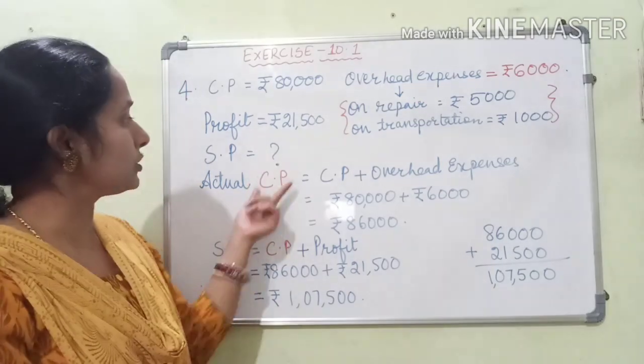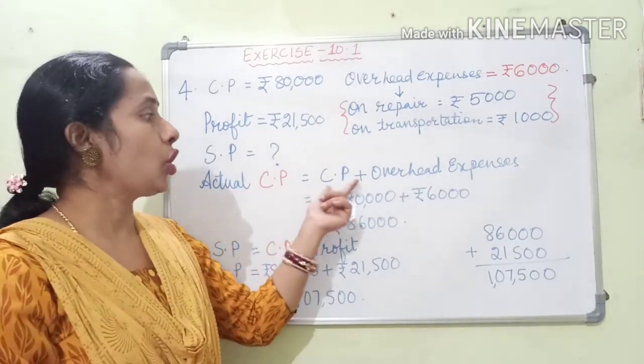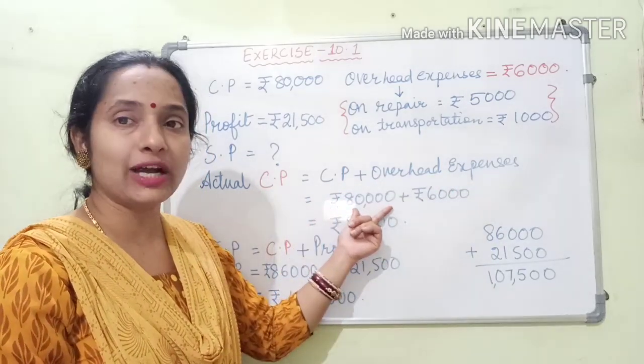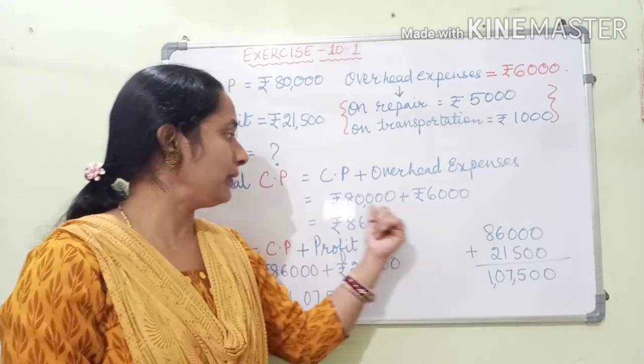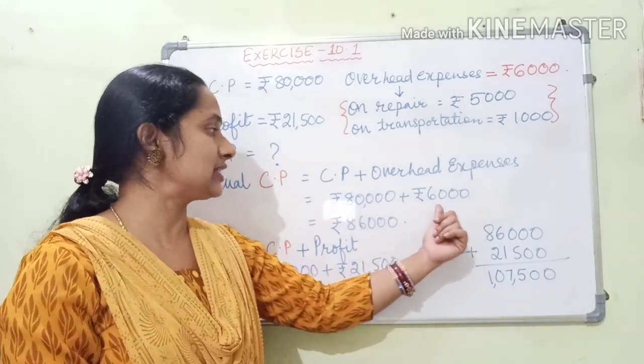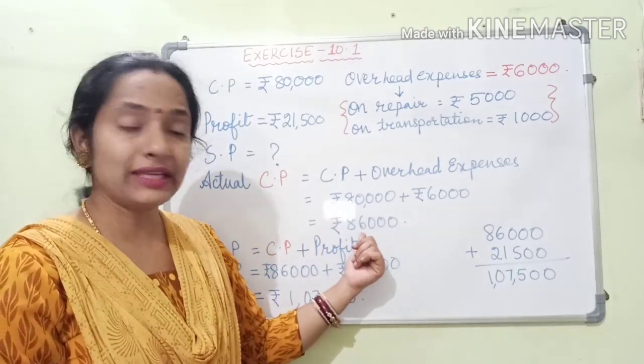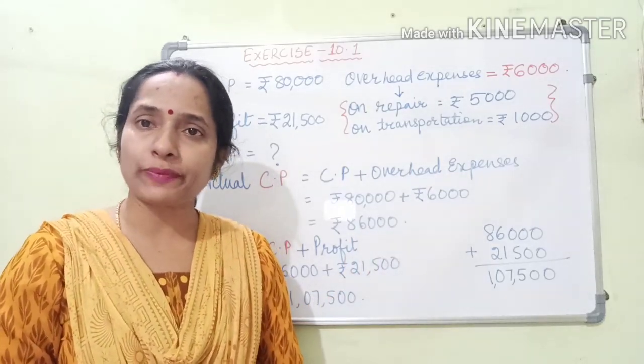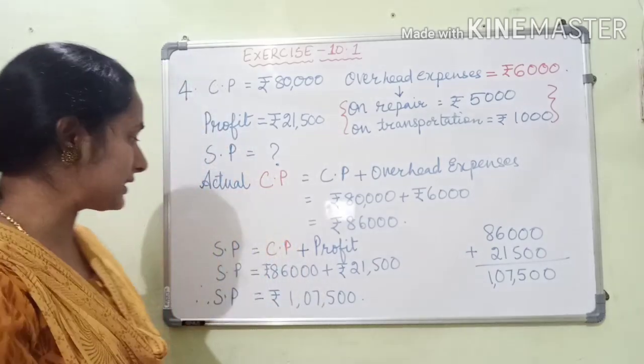So the actual cost price will be equal to cost price plus overhead expenses, that is rupees 80,000 plus 6,000, which is equal to rupees 86,000. So now the actual cost price of the car is rupees 86,000.